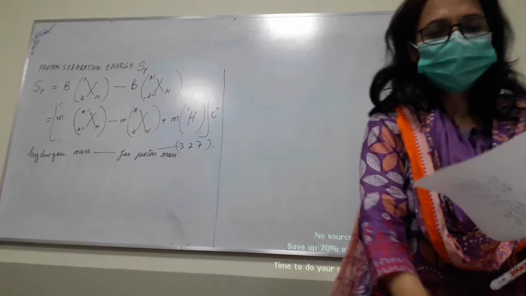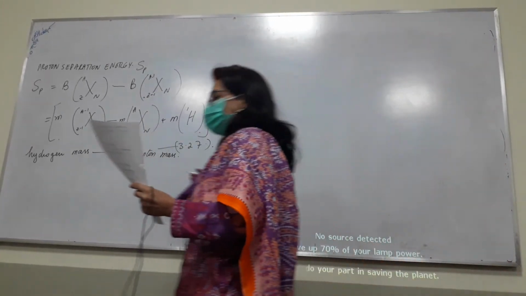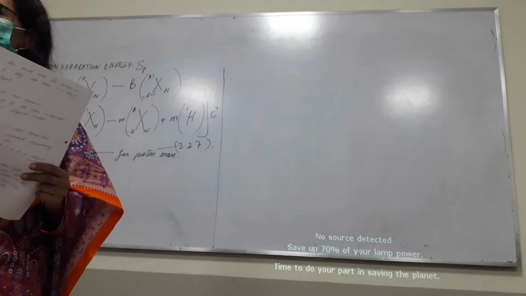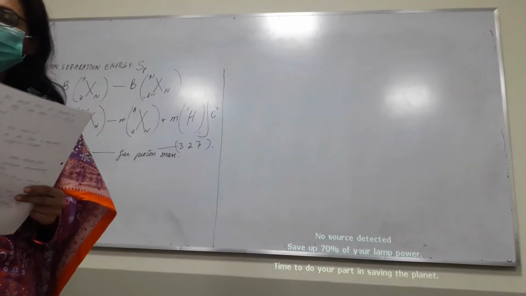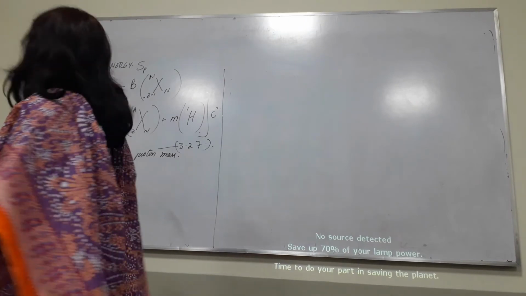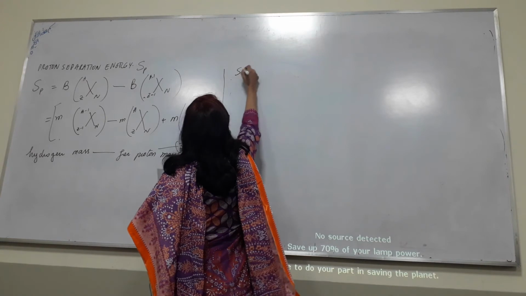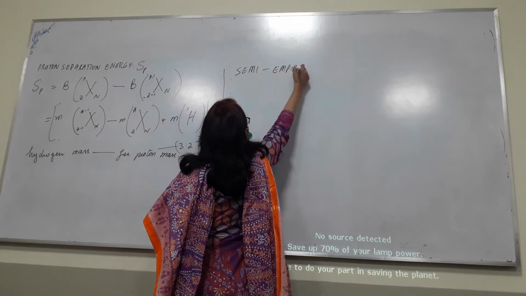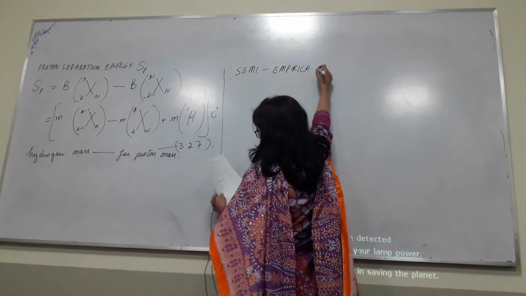In science, one quantity can be calculated by many different ways for validation purposes, right. So one is the simple formula that we just discussed before, and this is another formula, known as the semi-empirical mass formula.